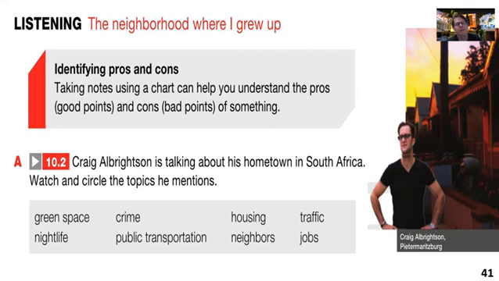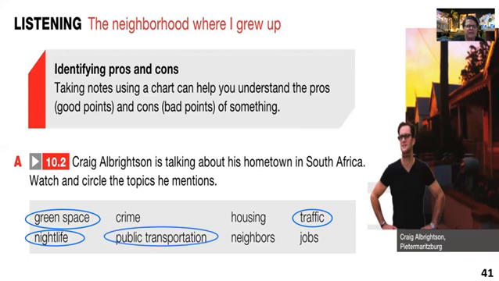All right, as usual, if you need more time, pause the video now. Welcome back. Here we go. Here are the answers. So the things that he mentions about his hometown: green space, traffic, nightlife, public transportation.